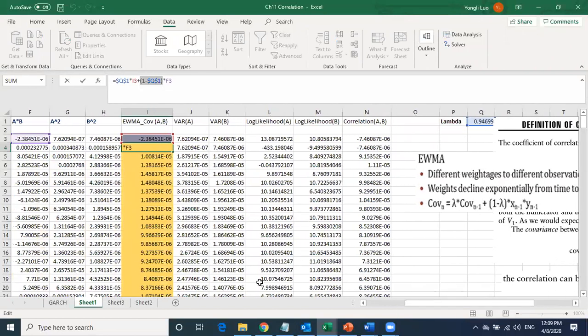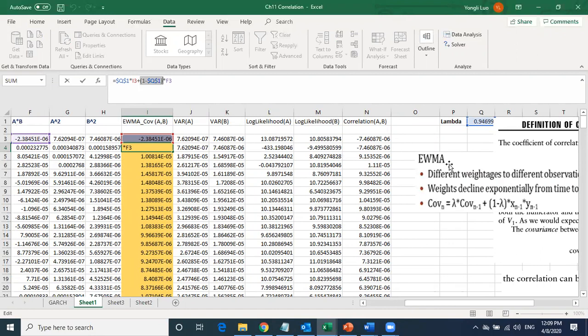Which one is this, right? So it's going to be times F3. F3 is the product of the returns from the previous period. So that's how you get the exponentially weighted moving average.